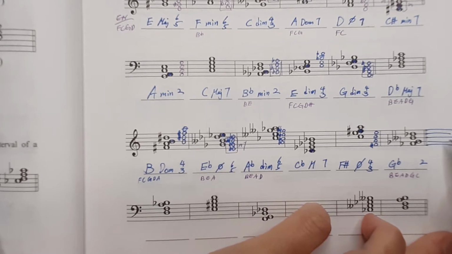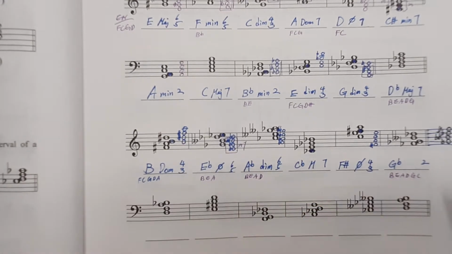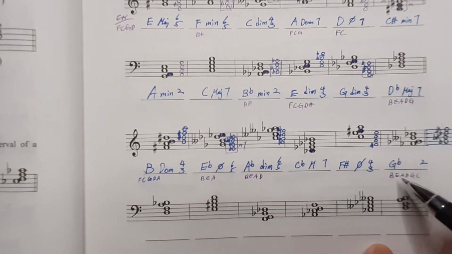We have G flat. We have B double flat. We have D flat. And we have F flat. All right, now, as you know, there's a B flat, but it's double flat. So this is lowered. Third is lowered. And we have D flat, right?